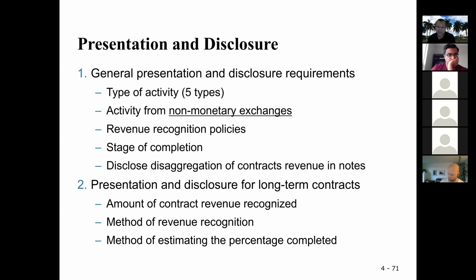The method of estimating the percentage of completion: do you use the cost-to-cost approach, or do you just use the engineer's estimate? Which method you used to estimate the percentage of completion has to be disclosed, because it makes a big difference and the users want to know this information.